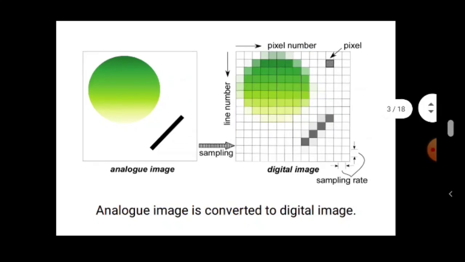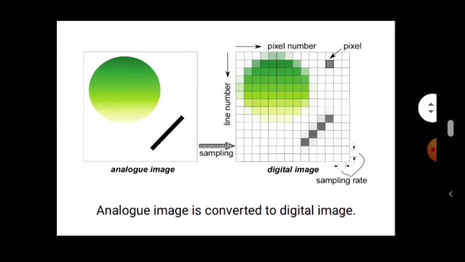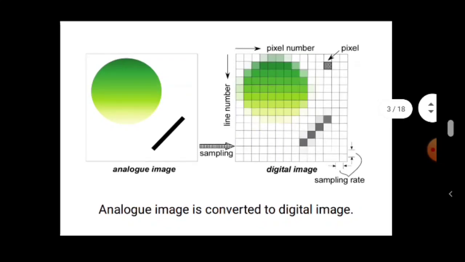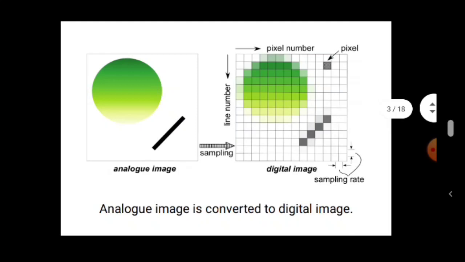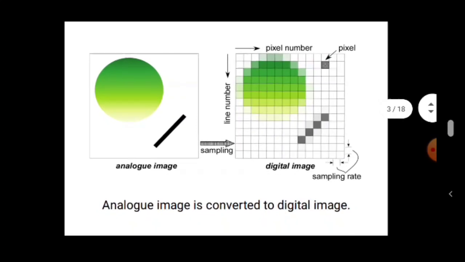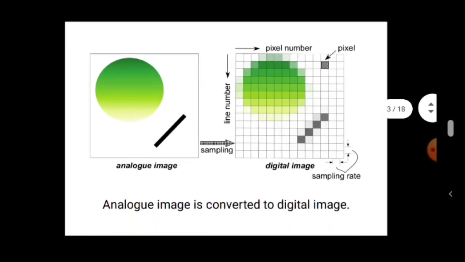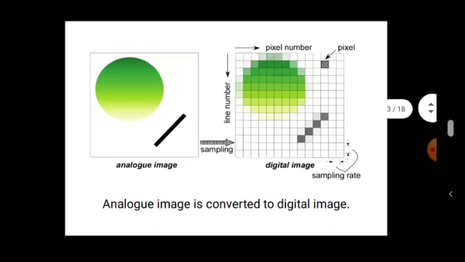Variations in the scene characteristics are represented as variations in brightness. So the characteristics of the data, how the variation flows through the data set, are defined by the variations of brightness when it comes to analog images.